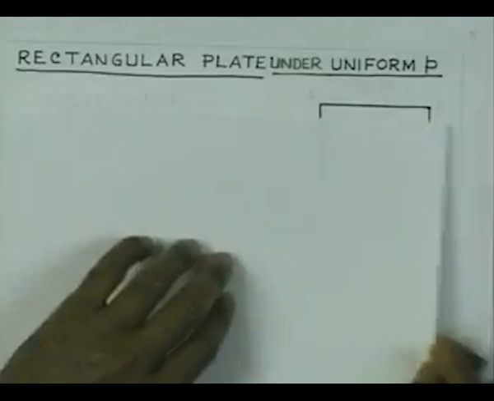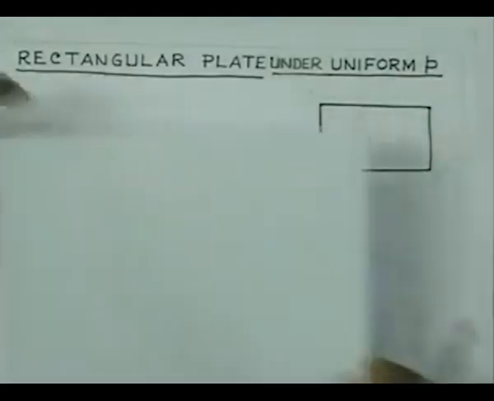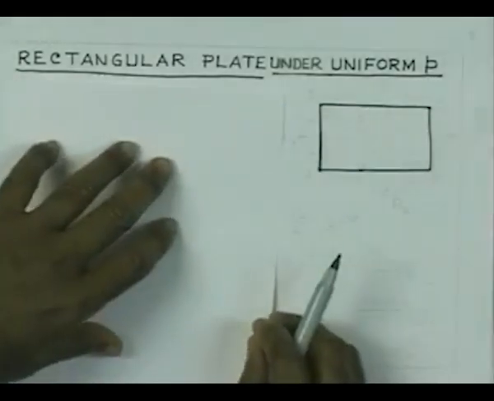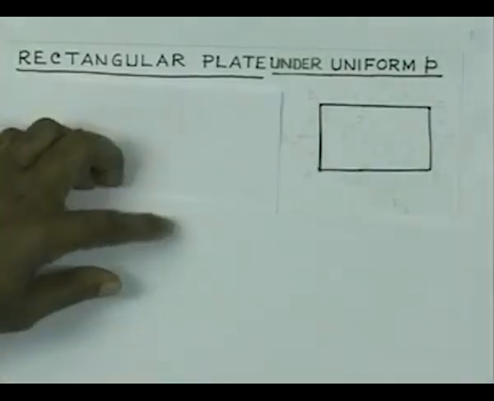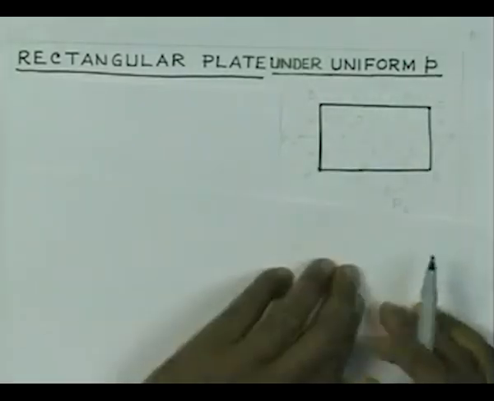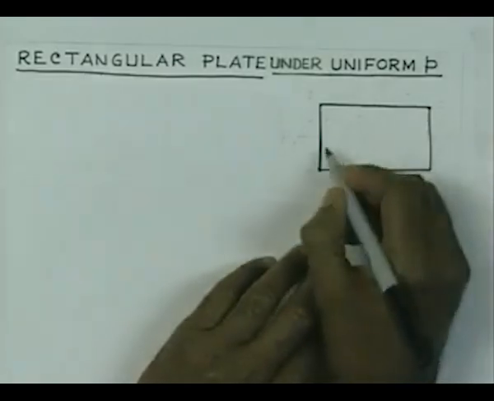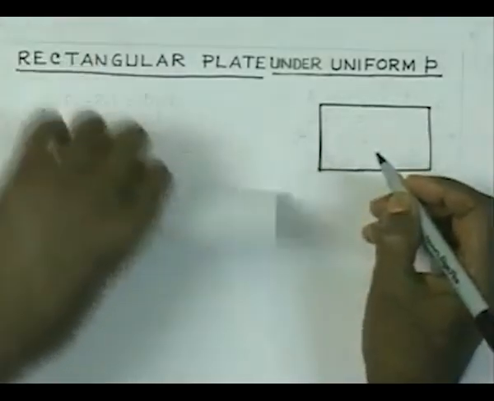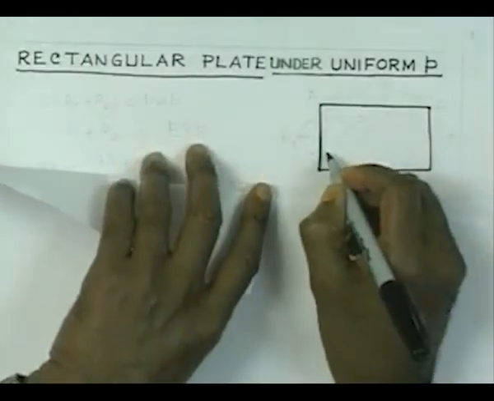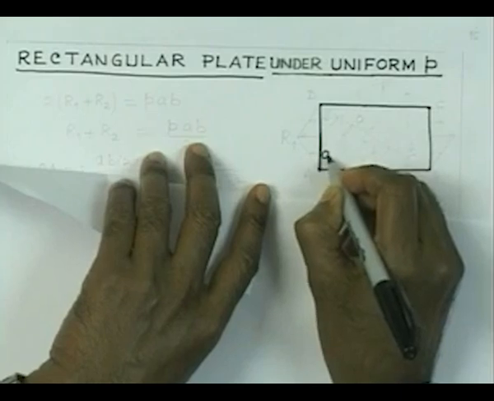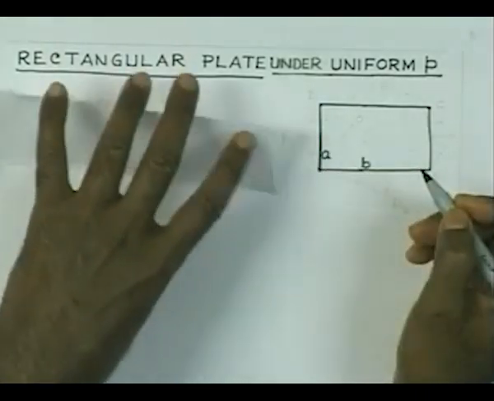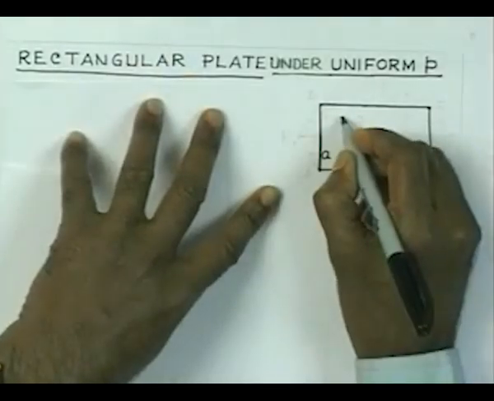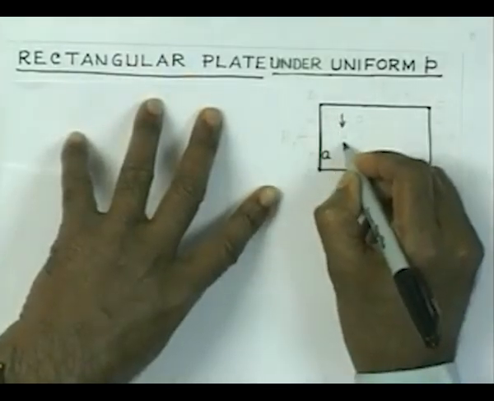So, the plate is shown here. The dimensions, let us consider that the height is a and this width is b, and it is subjected to uniformly distributed load.